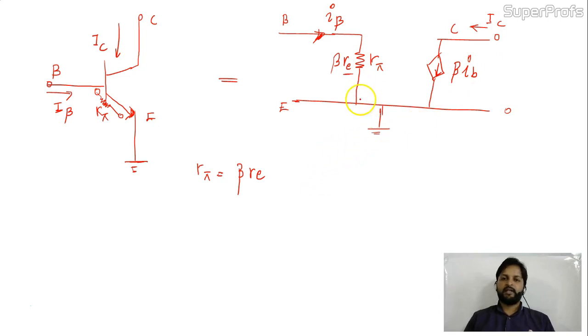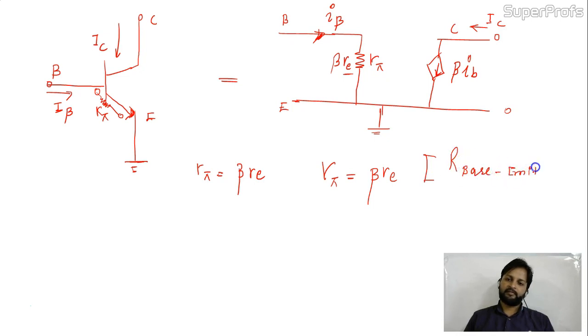Is it okay? Now I told you the resistance between base and emitter is R pi, or in other words beta RE. This is the resistance between base and emitter. Correct. Beta is the DC gain given over there. Right.